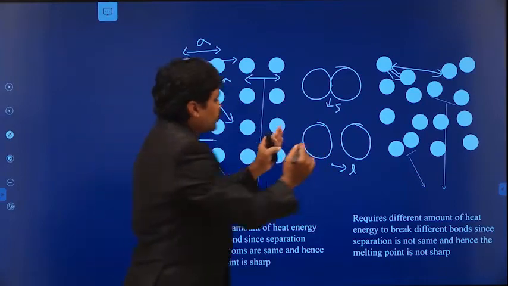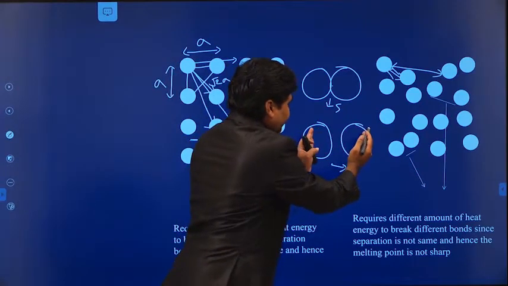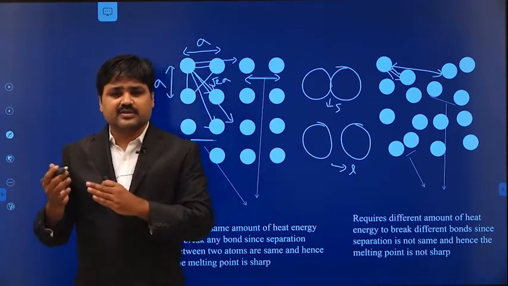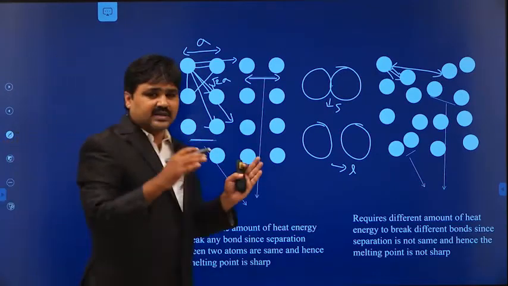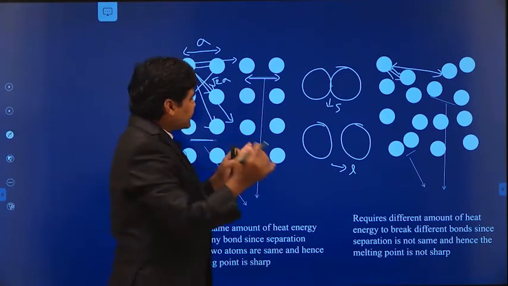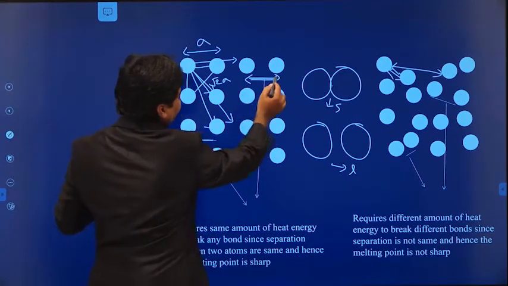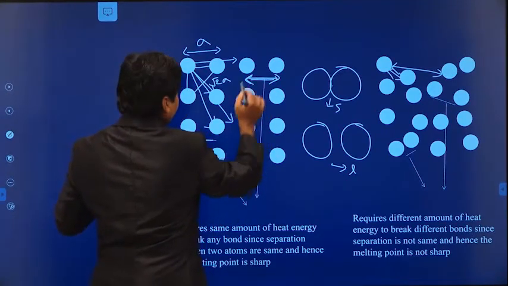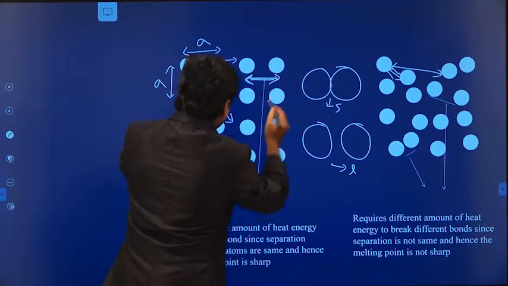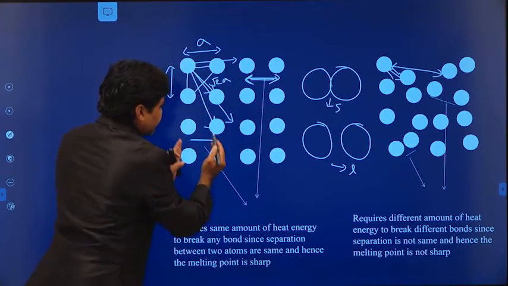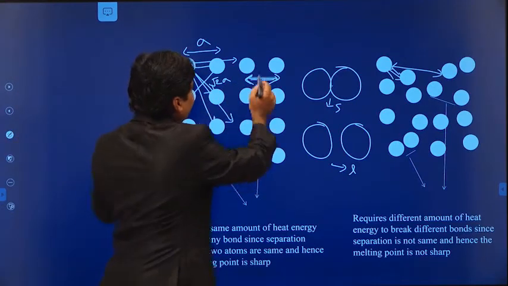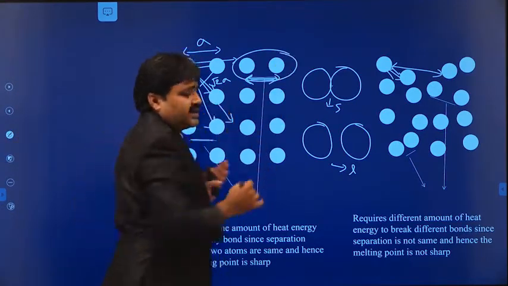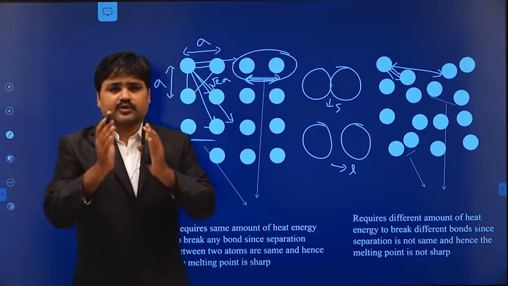So melting means the solid becomes liquid. To move the atoms far apart, we need to give some energy, that means some thermal energy. If you look at these two atoms, in order to separate them, since the separation between the two atoms in the crystalline material is the same, all the pairs of atoms require the same amount of thermal energy to break them.